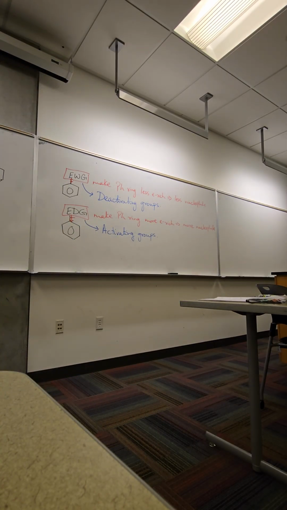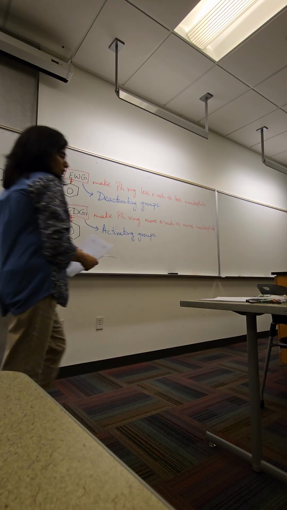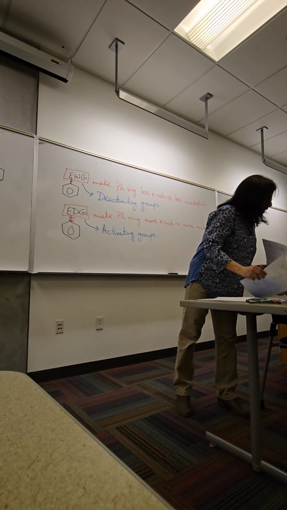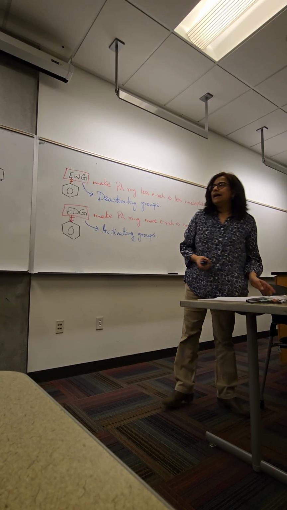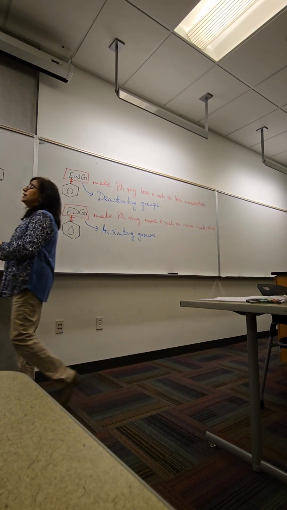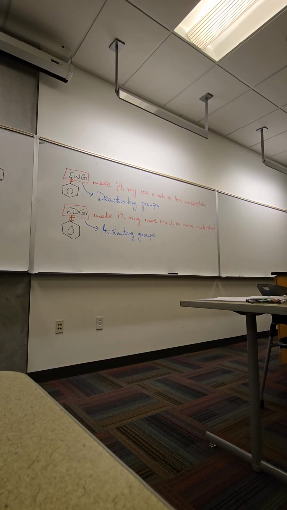Okay, thank you. So what I'm giving to you is a list of groups. How would you know whether a group is deactivating or activating, meaning electron withdrawing or electron donating? There are some commonalities that you might come across when it comes to recognizing them.